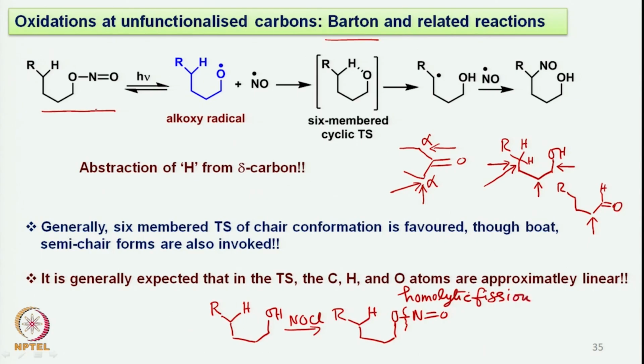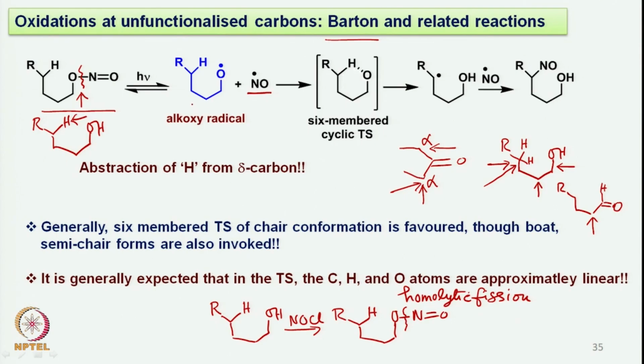So we start with this particular substrate, which is derived from the corresponding hydroxy group, and the idea was to introduce a functional group at this position. So we can prepare this and then photolyze it. During the photolysis the oxygen radical is formed and of course you have a nitroxyl radical.